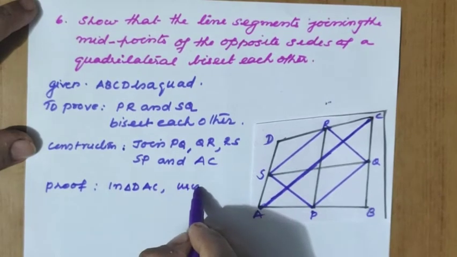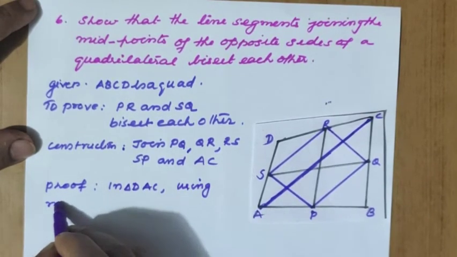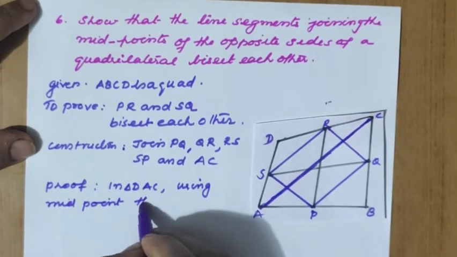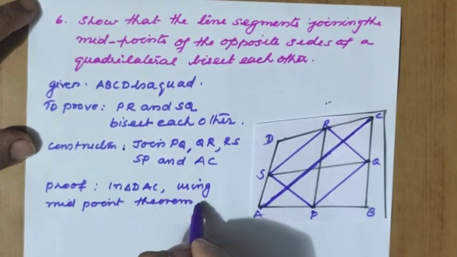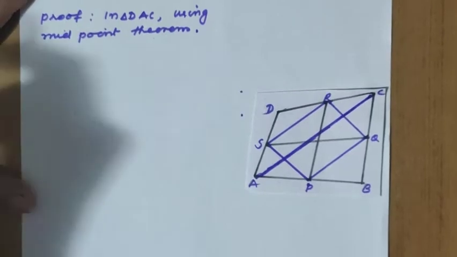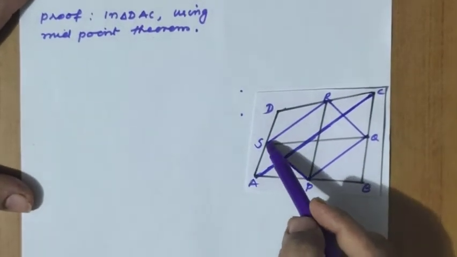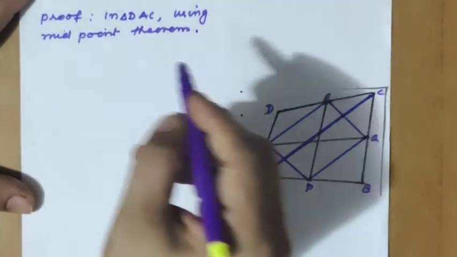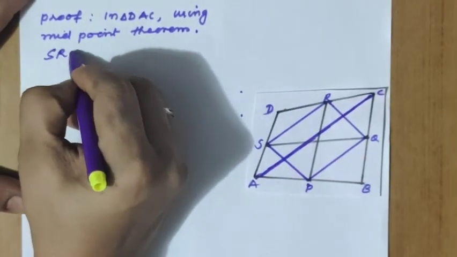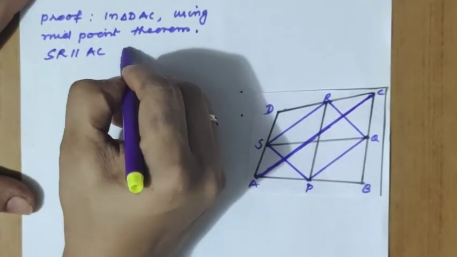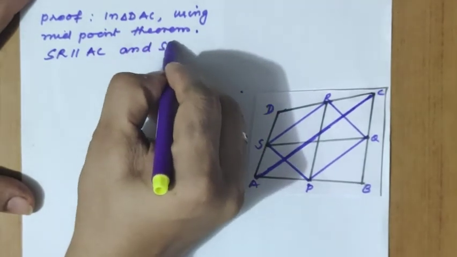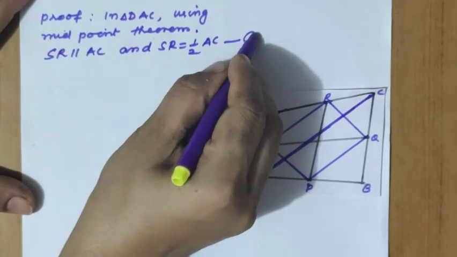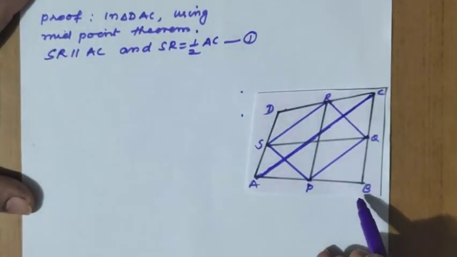Using the midpoint theorem, we can write that SR is parallel to AC and SR is equal to half AC. Equation number 1.